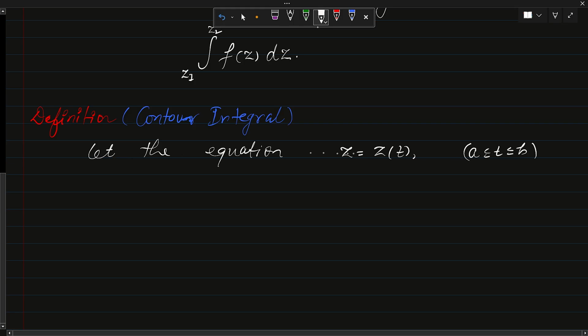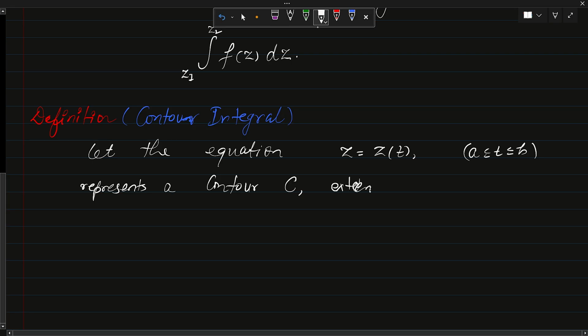So let the equation, this is the parametric equation, represent a contour C.